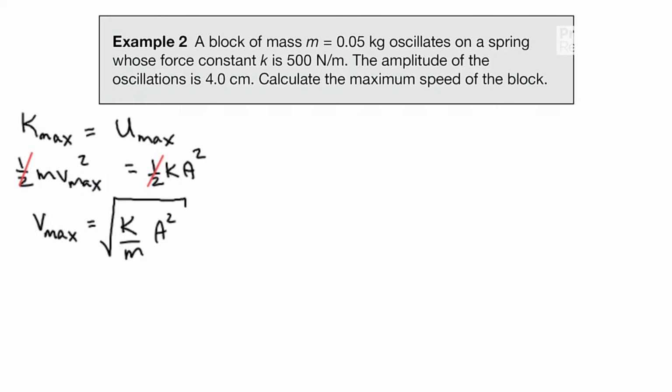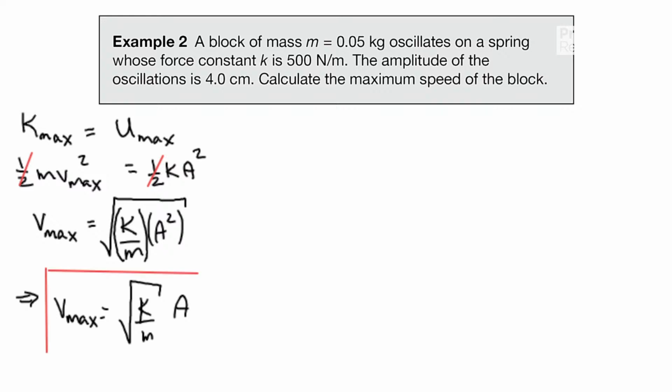And just to show you an equation that's something good to bring into the test with you, let's notice that underneath the root, we've got a certain product. Well, instead of the root of this product, let's write that out as a product of roots. So here we claim v max is root k over m times the root of A squared, which is just A. And this little equation is one that's nice to have in your back pocket.